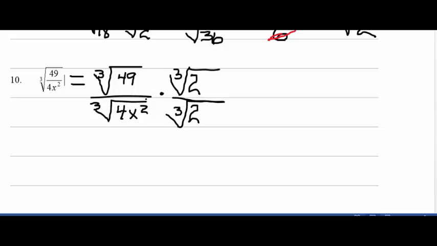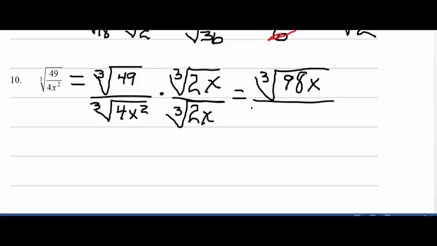And I have 2 factors of x. I need one more for this to be a perfect cube. So I'll multiply it by the cube root of 2x over itself. So this is the cube root of 98x divided by the cube root of 8x cubed.